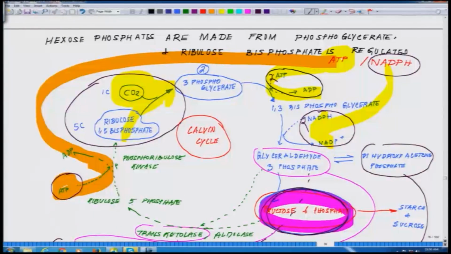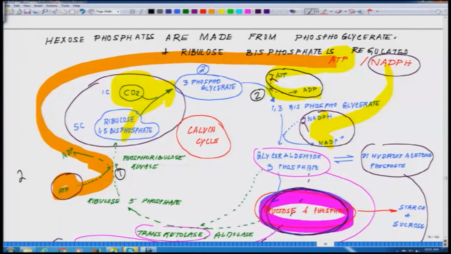Ribulose 5-phosphate has a single phosphate and 1,5-bisphosphate has 2 phosphate moieties. So, in one cycle there are 2 ATP plus 1, 3 ATP.